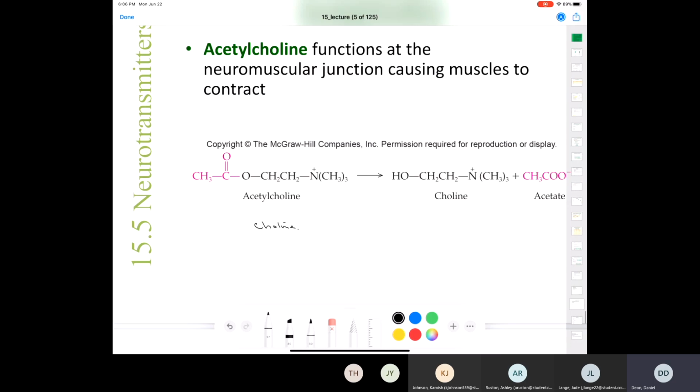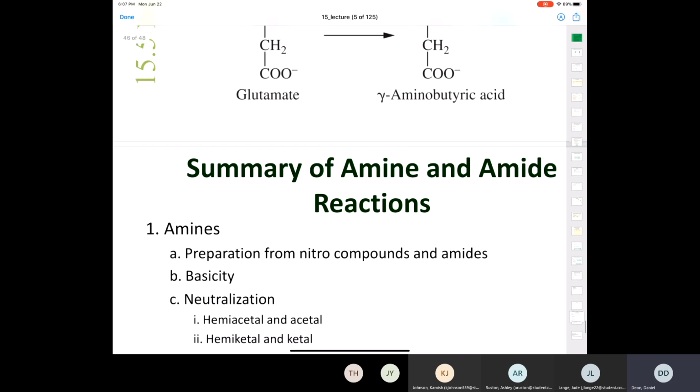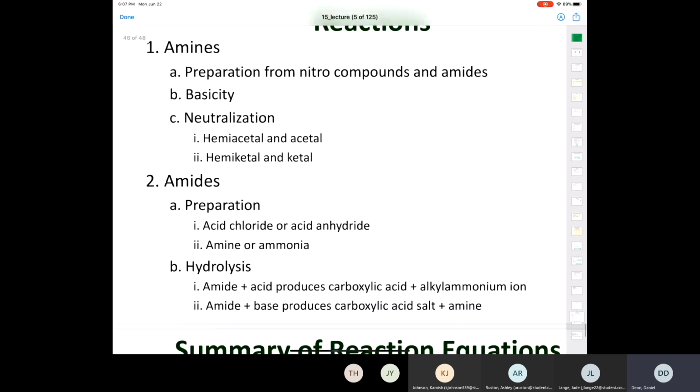And we saw the structure of choline earlier on. In fact, it's right here. And that pretty much takes us to the end. So glycine and aminobutyric acid. Let's see here. Removal of a carboxyl group from glutamate, which is another amino acid, produces gamma aminobutyric acid. Anyhow, there we go. And really that takes us to the end.